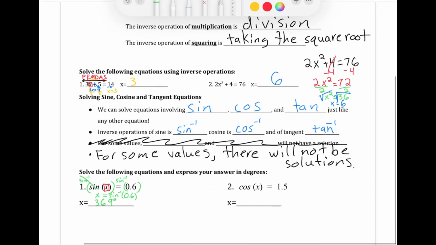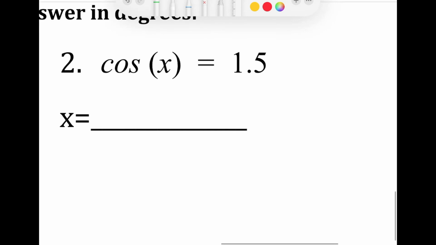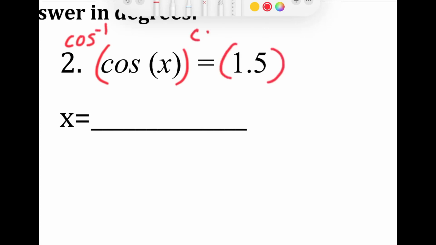All right, for number 2. I'm going to show you 2 different ways to do this. One is exactly what we just did. We want x by itself. We want to get rid of cosine. So we've got to do the inverse operation of it. So we've got to do inverse cosine on both sides. Cosines cancel out.